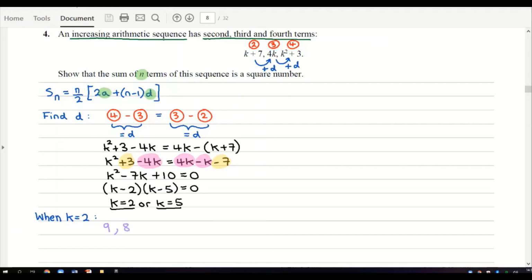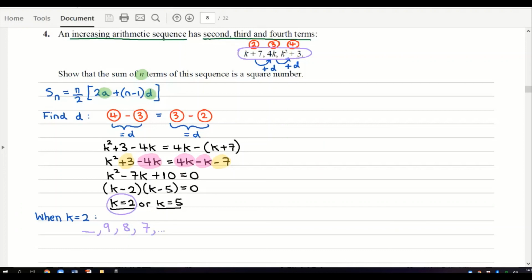I'm just substituting k equals 2 into all of this. Remember, these are the second, third, and fourth terms. And then I have k squared plus 3. So k squared is 4, add 3 is 7. Okay, and then I would also have the first term here, which I haven't been given.